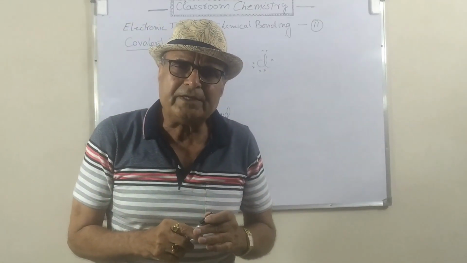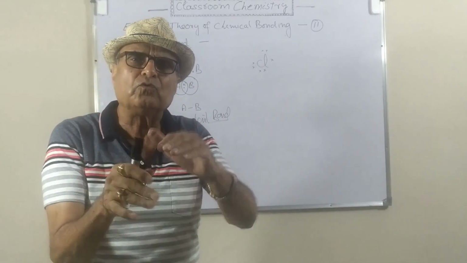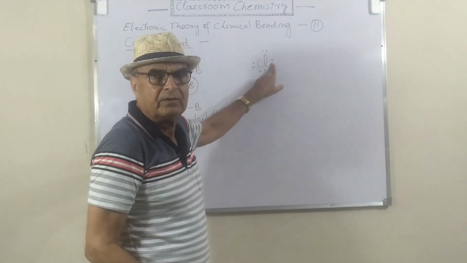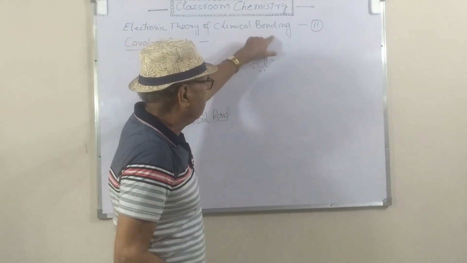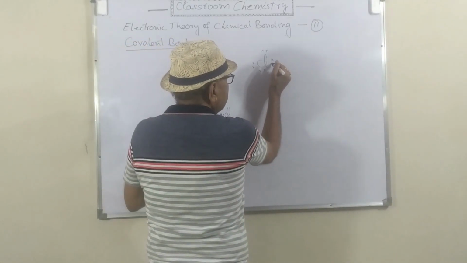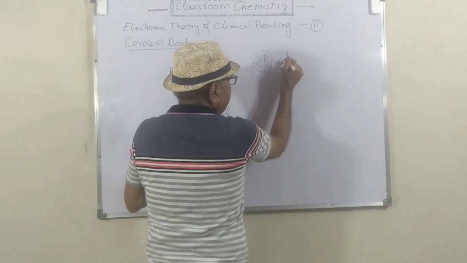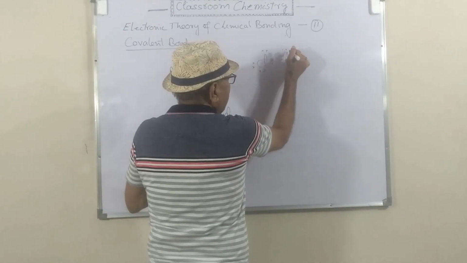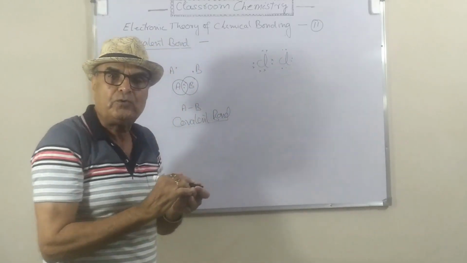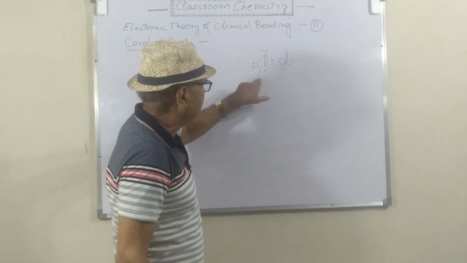How many electrons does this chlorine atom require to complete the octet? Only one electron. That electron will come by sharing an electron of the second chlorine, which also has 7 electrons. I have shown them in different types: the dotted electrons of this chlorine and the cross electrons of the other.